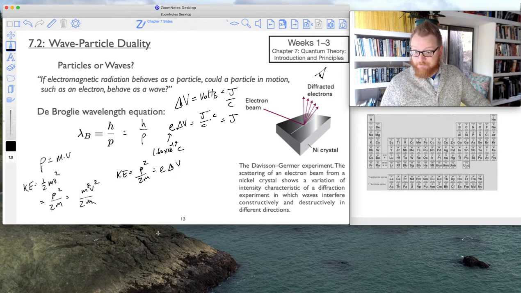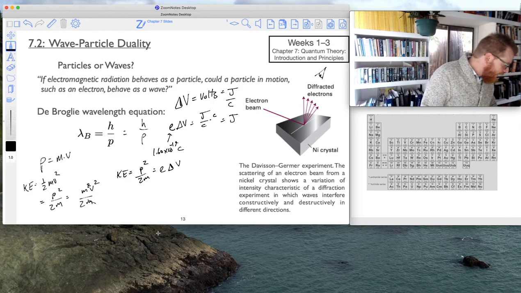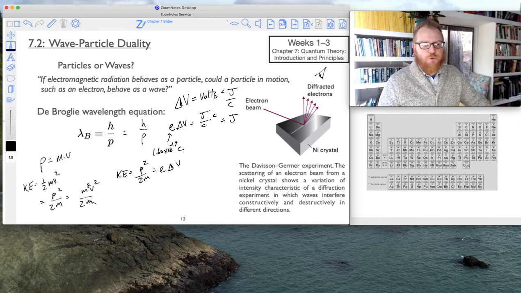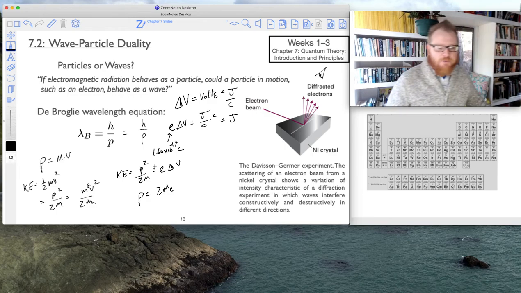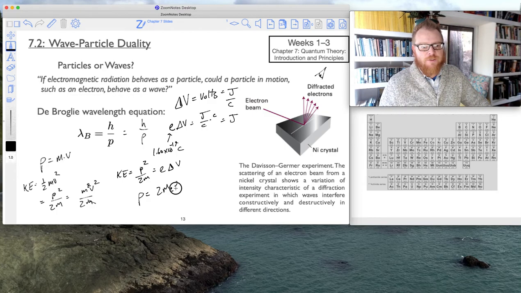Now if we substitute for p, which is what we want to solve for, p is going to be the square root of 2 times the mass of the electron times the charge of that electron times this potential difference. So why is this useful?